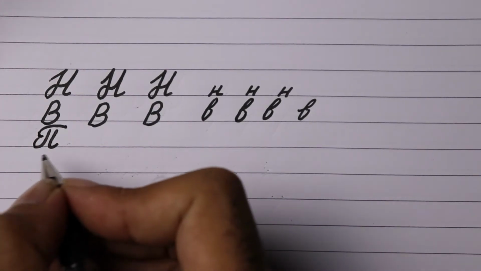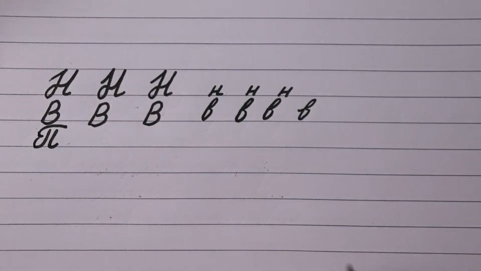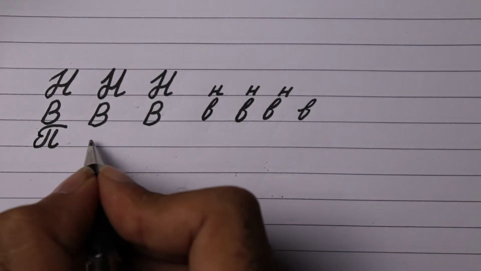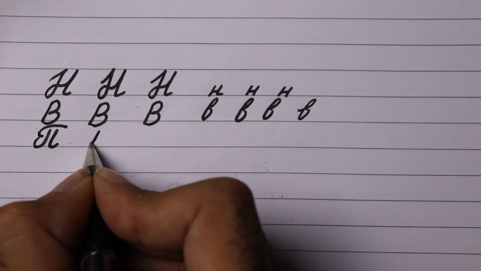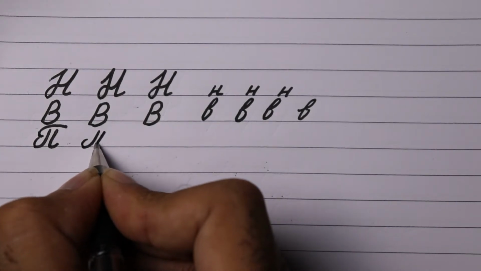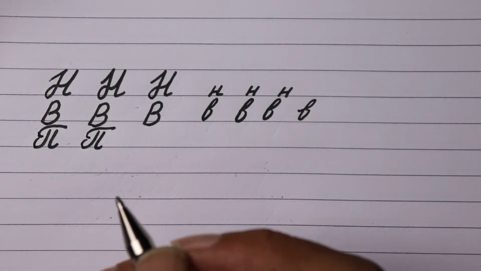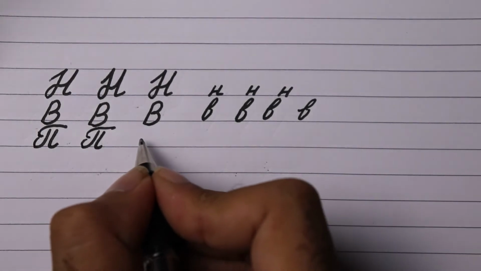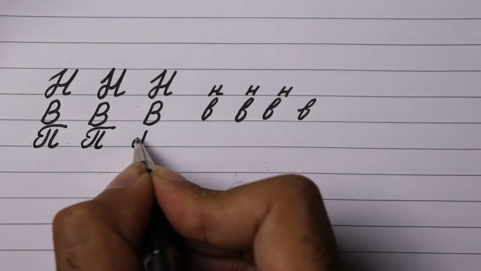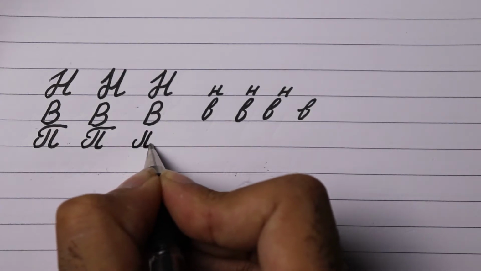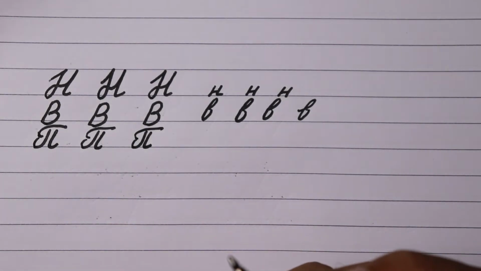Again, P. Let's do it one more time. 1, 2, and we need to crown it.